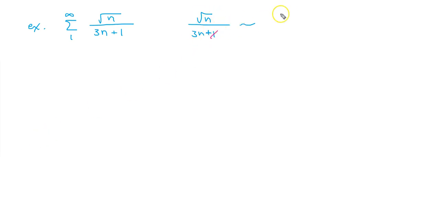And so this is going to be behaving like root n over 3n, which, if I simplify this, is going to be 1 over 3 root n, like that. And so this is what we can use to limit compare our series with.